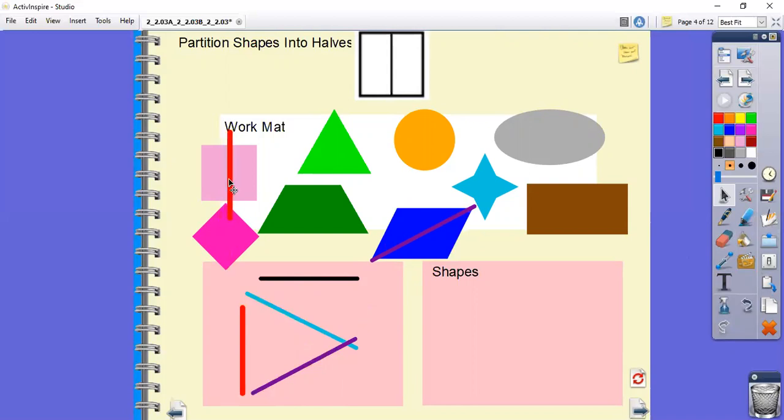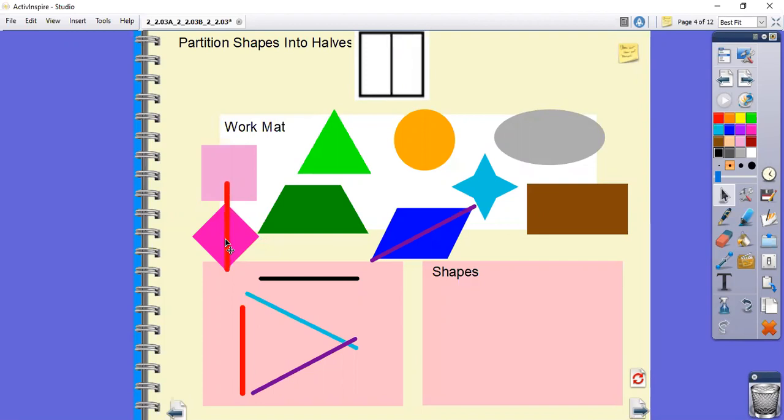Fractions have to be equal. This piece is the same as this piece over here. You do not want a fraction piece that's not equal. That is not going to work. They have to be equal pieces. So just do your best at showing us equal pieces.